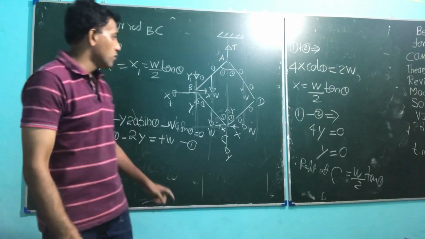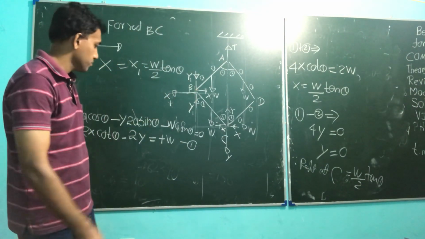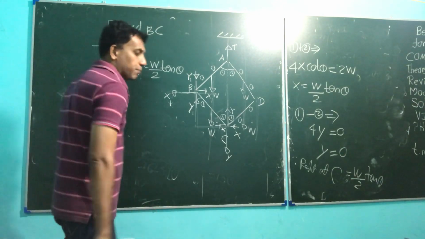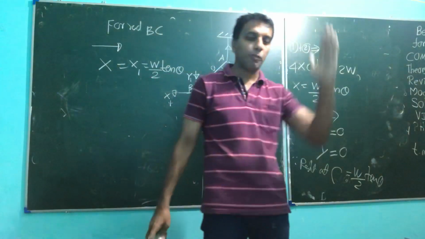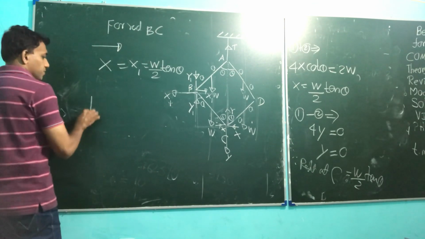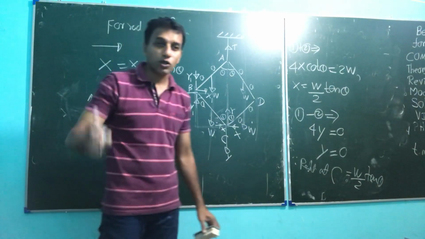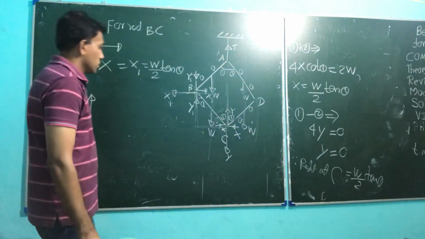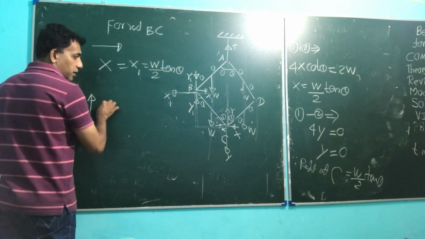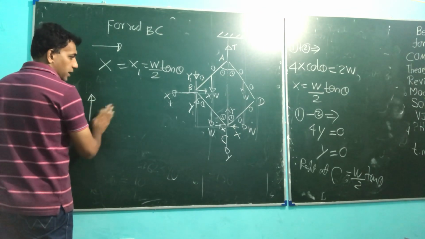Next find the y1 answer, that means the vertical component at the hinge B. The same method, resolve vertically upwards for rod BC. Y comes down, and I put y1 up.